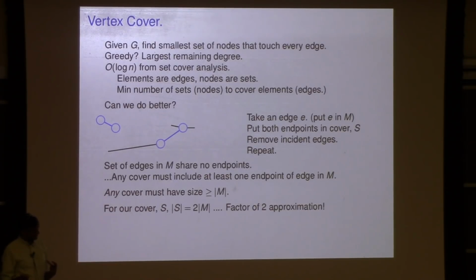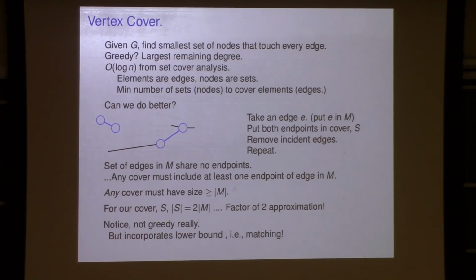The MST connects all the cities, so the TSP tour is at least the cost of the MST. So for approximation, you need to show a lower bound. You need to show optimality. And you saw this before already: this matching is crucial, but you saw it in linear programming and duality. You know you're optimal if you have a dual solution. That's very powerful, and it's actually very powerful in linear programming algorithms as well.